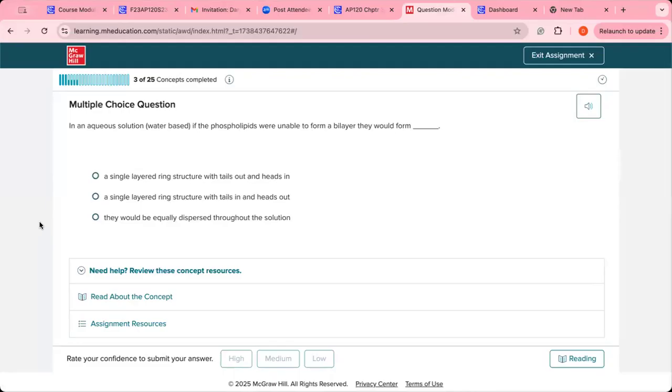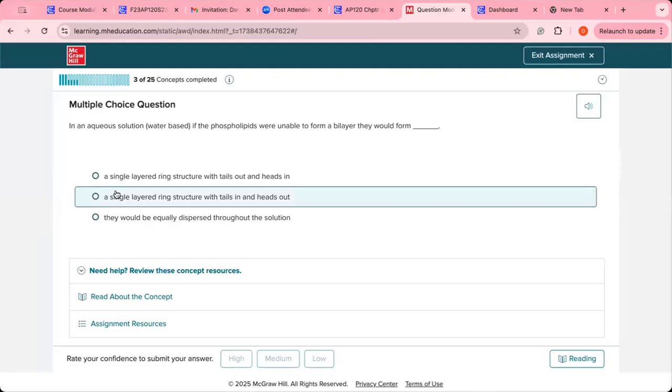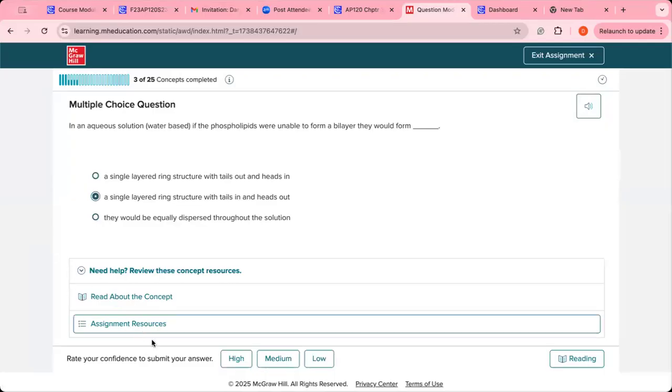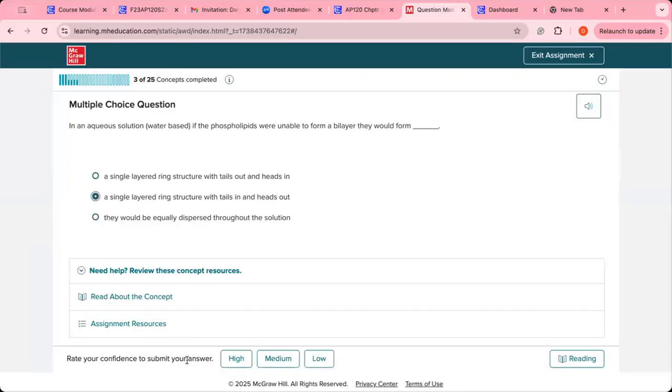I would say B, a single layered ring structure with tails in, because they would put their tails in the cell. I don't know, but based on the fact that the heads like water, they would face on the outside. Let's see what it says.